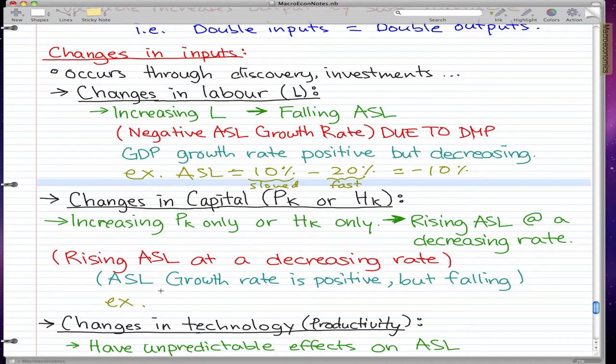Let's write down the equation: ASL equals GDP G for growth rate, minus population G for population growth rate.